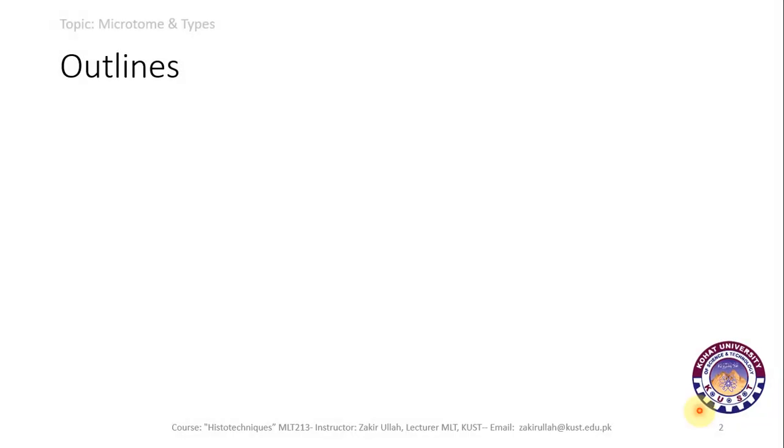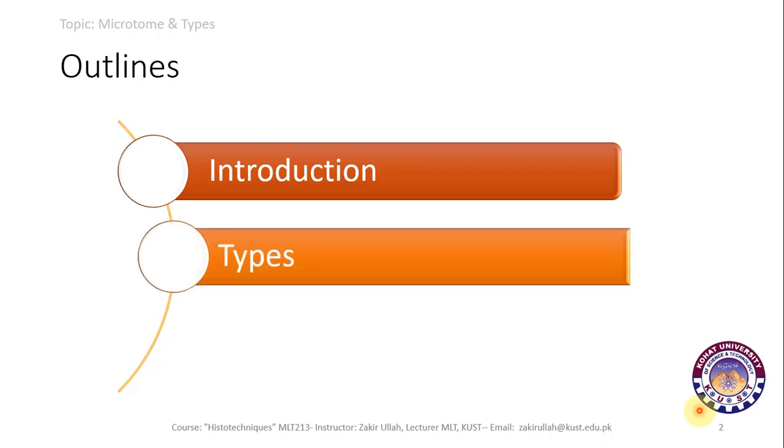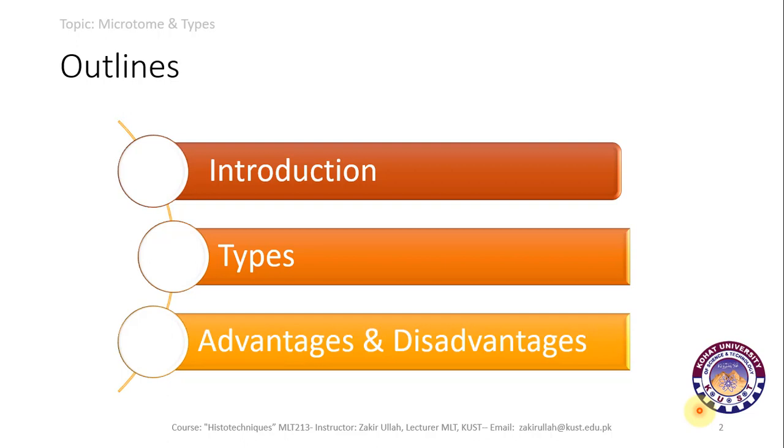In this lecture, the outlines include the introduction of microtome, what is microtome and what is microtomy, then the different types of microtomes, how these types are used and how tissue is processed with these microtomes, and in the last, the advantages and disadvantages of using the different types of microtome.